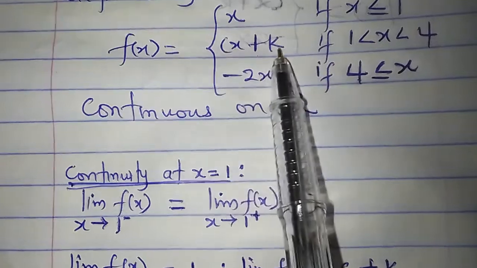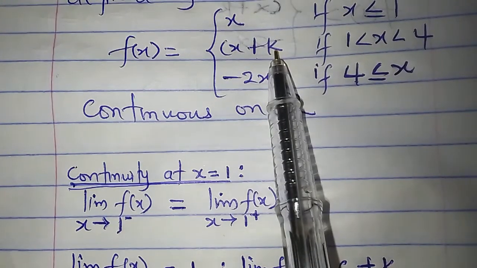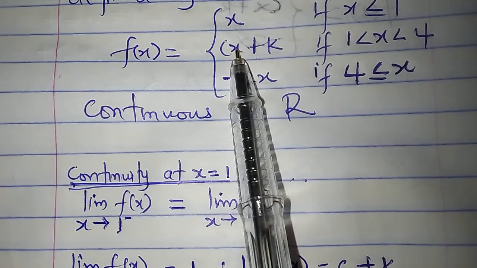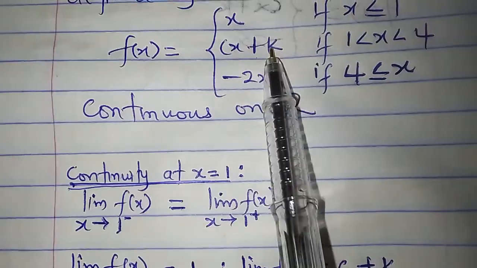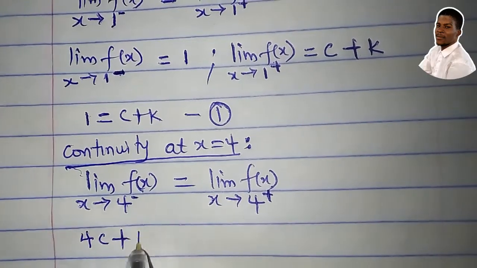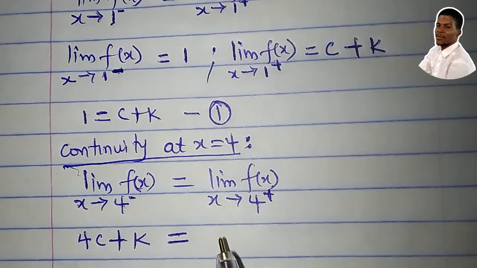So I will use this function to determine the limit as x approaches 4 from the left. In place of x, I'm writing 4. So it will now be 4c plus k.